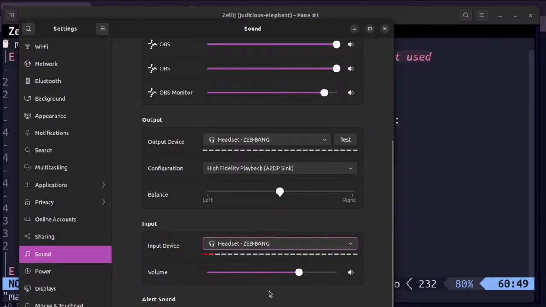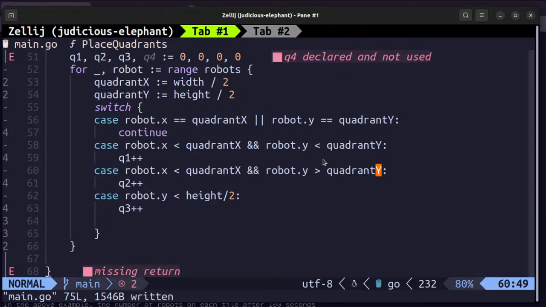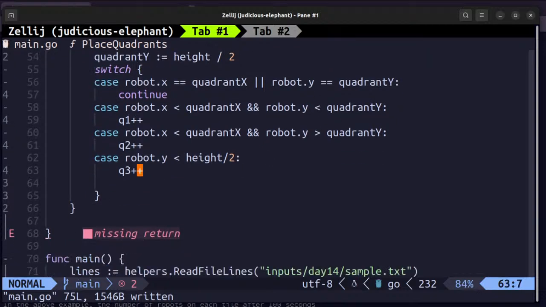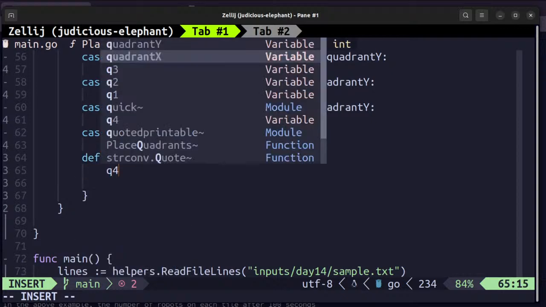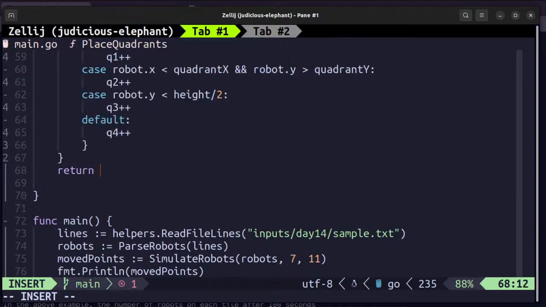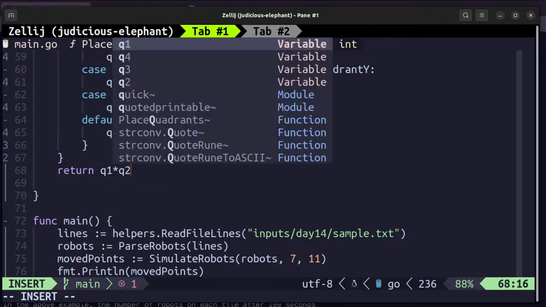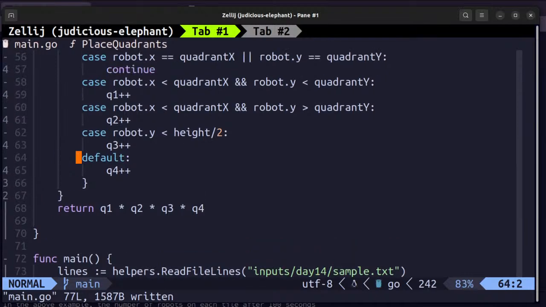Okay, we are back. Not sure what caused that. And default will be q4 plus plus, and we'll return q1 times q2 times q3 times q4. And that is it.